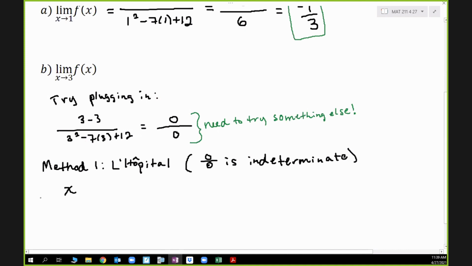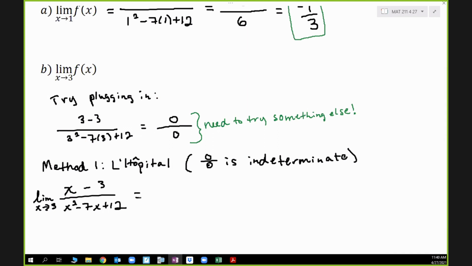So our limit. So if we want to use L'Hopital in this case, what would we do? Derivative. Derivative of what?